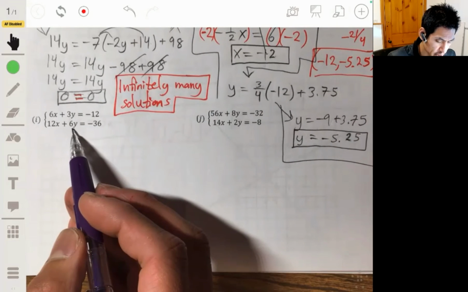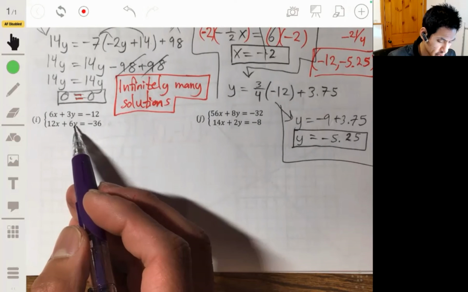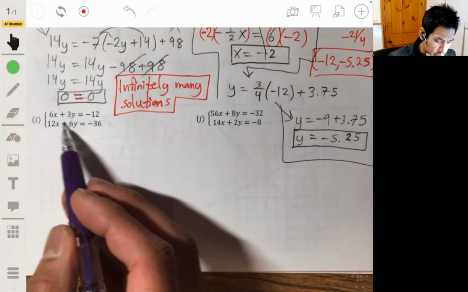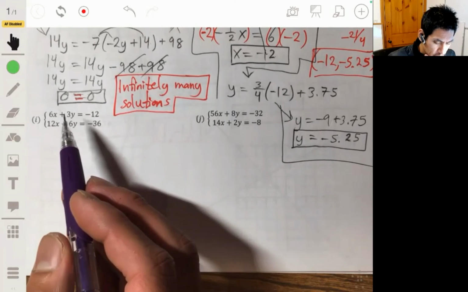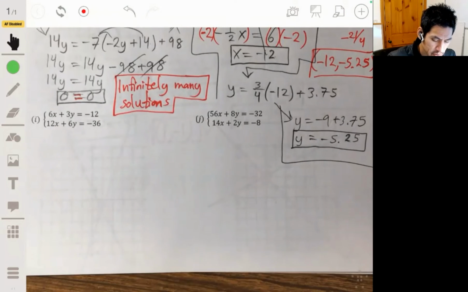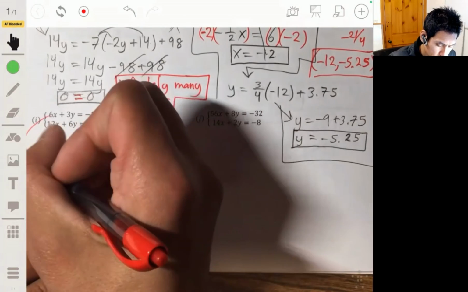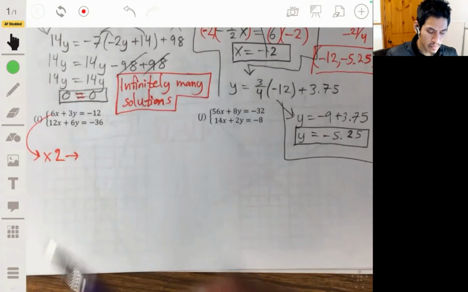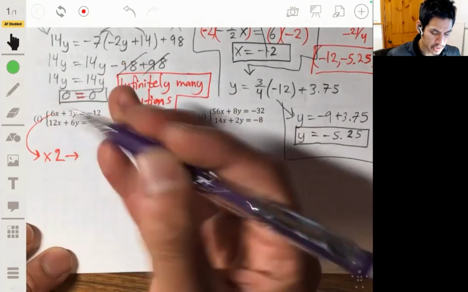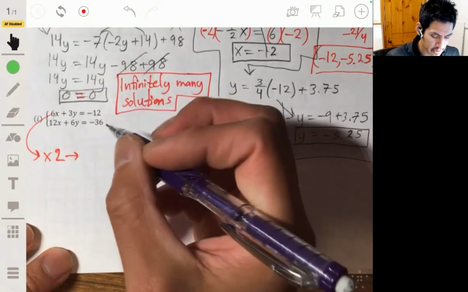Okay, so you can probably spot what you want to use here. Elimination. You can make the x's or the y's the same. Multiply the top by 2. Multiplying the top equation by 2, because then you can make the x's both 12x.